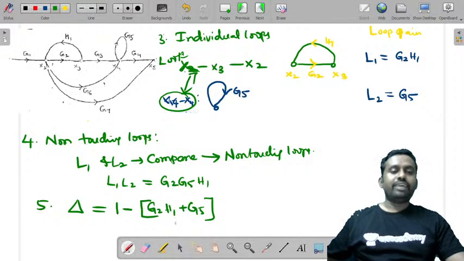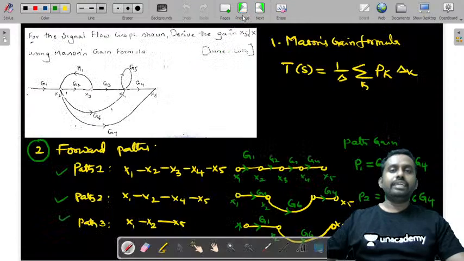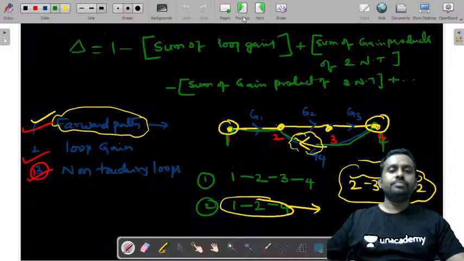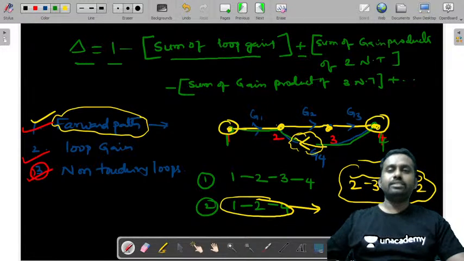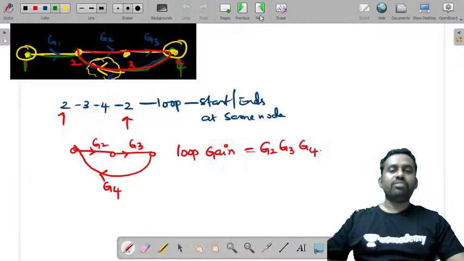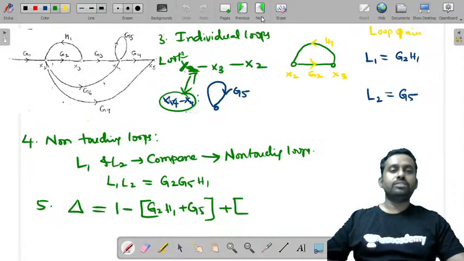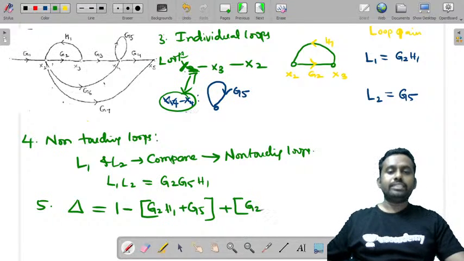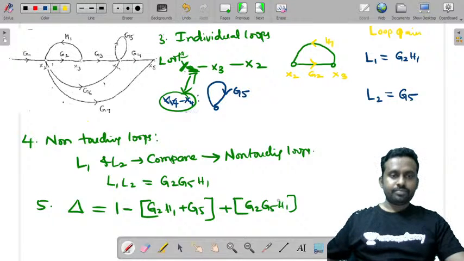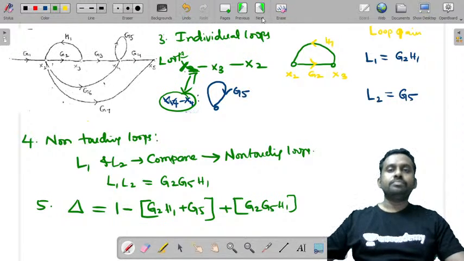We have seen previously that delta is equal to 1 minus the sum of loop gains, plus the sum of gain products of two non-touching loops, then minus the sum of gain products of three non-touching loops. Now if you see, you have only two non-touching loops, so it is L1 L2, which is G2, G5 and H1. So this is delta.